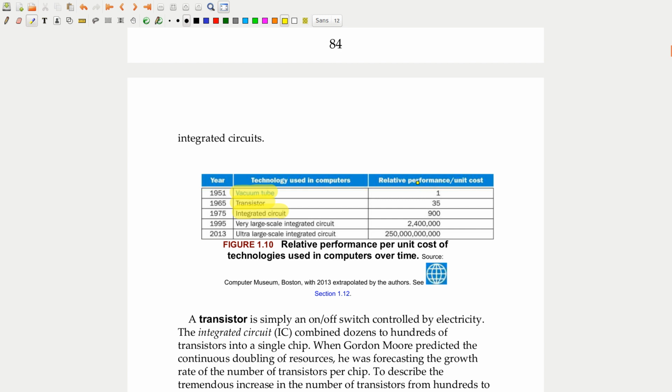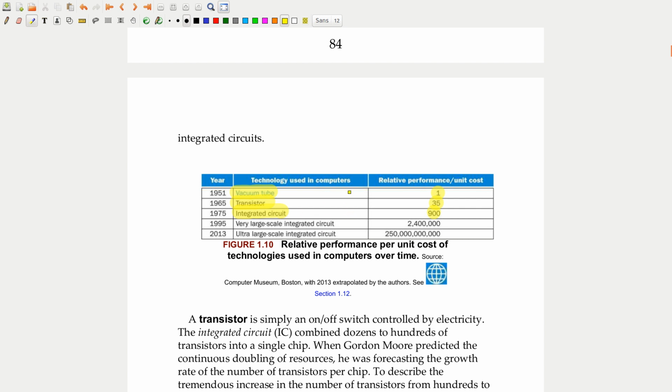And so right now, relative performance per unit cost. All performance is normalized to the vacuum tube. What normalized means is it's basically divided by some baseline. So for the vacuum tube, it's 1. When we get 14 years later to the transistor, we're already at 35x. The integrated circuit, 10 years after that, is at 900x. Then we get to the very large scale integrated circuit, VLSI.